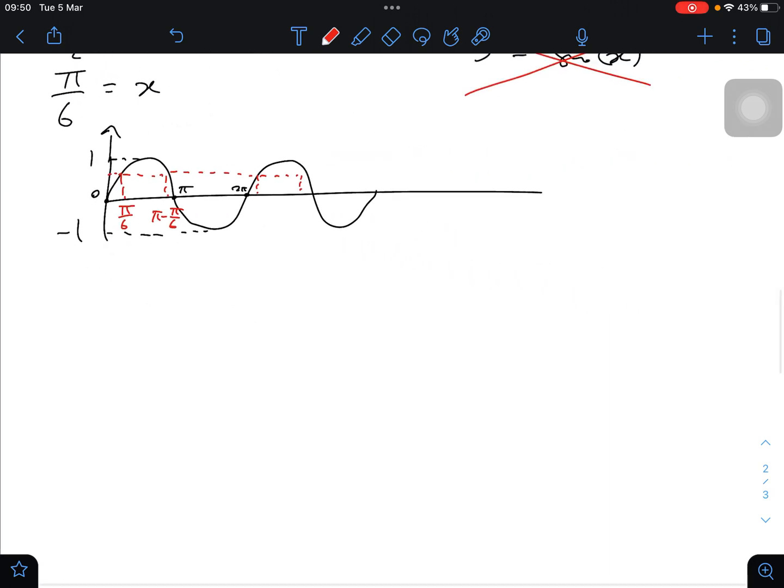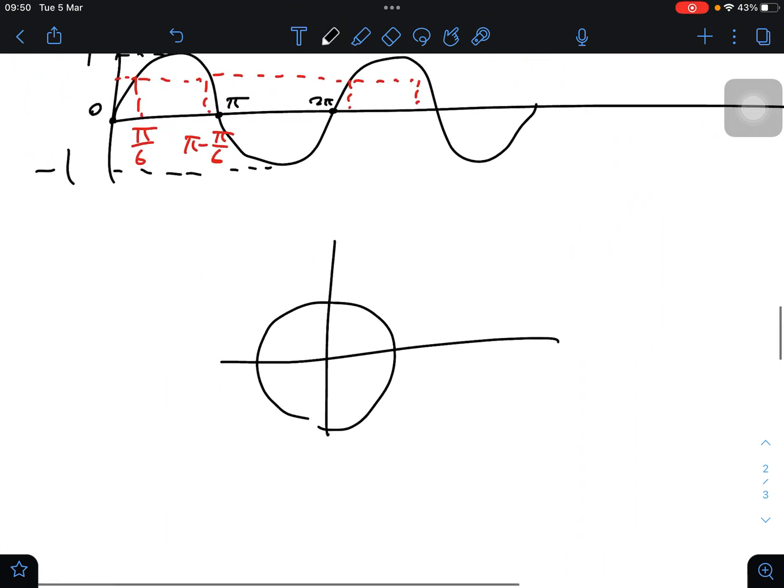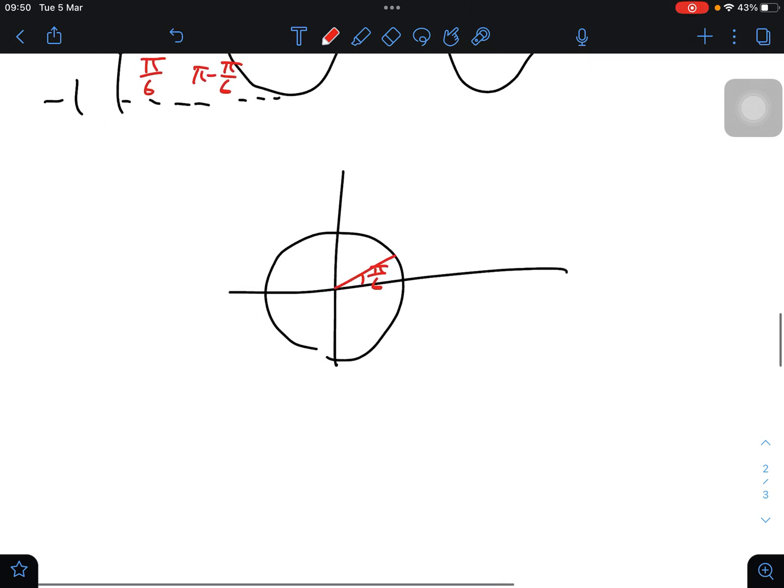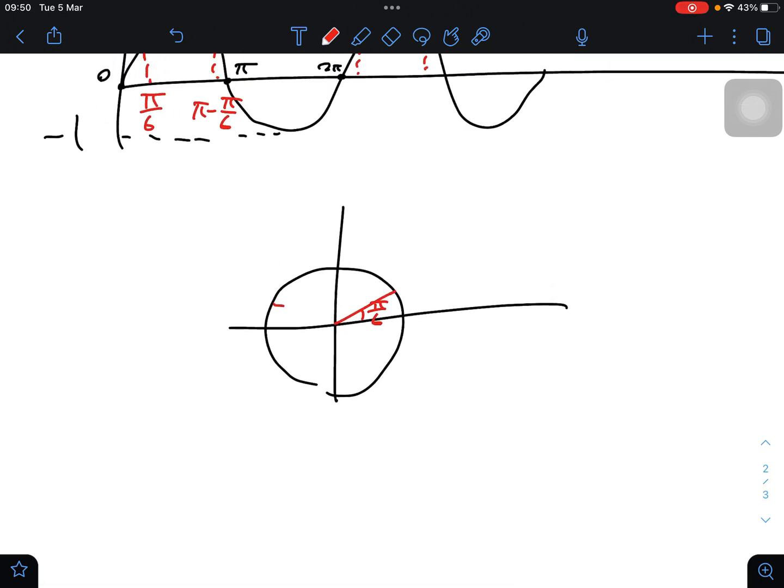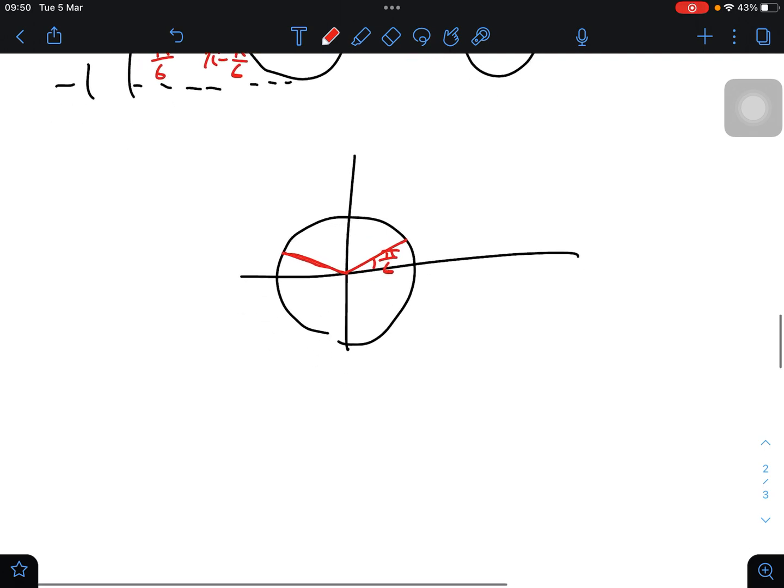The other way to think about this would be with the unit circle. So if you draw a quick sketch of your unit circle, and then look at where pi over 6 is on your unit circle, pi over 6 is about here. Well, sine of x for solutions is just reflected in the y-axis, and so therefore we'd also need to find this one here, and that's pi minus pi over 6.